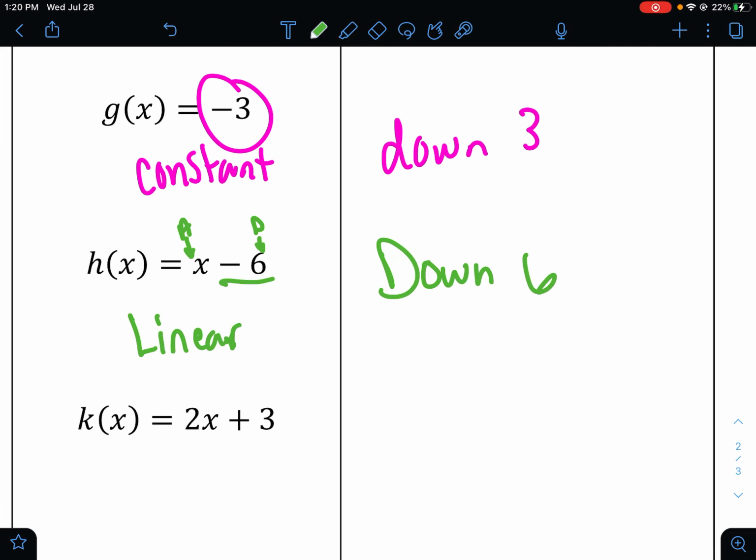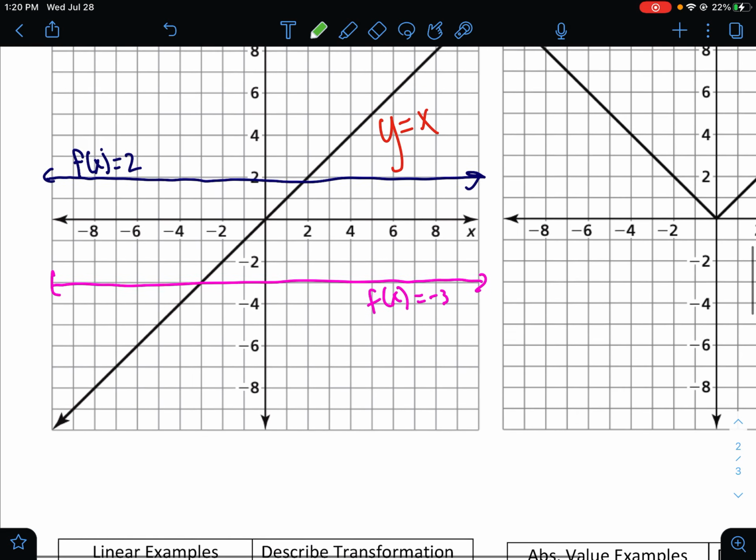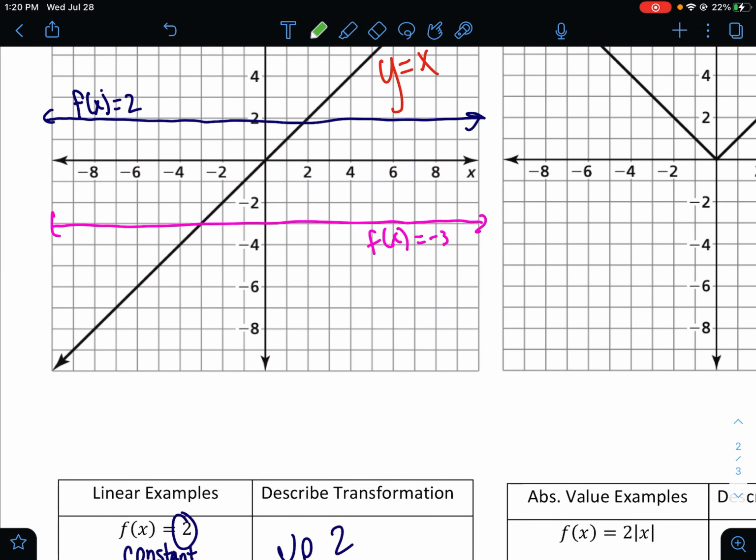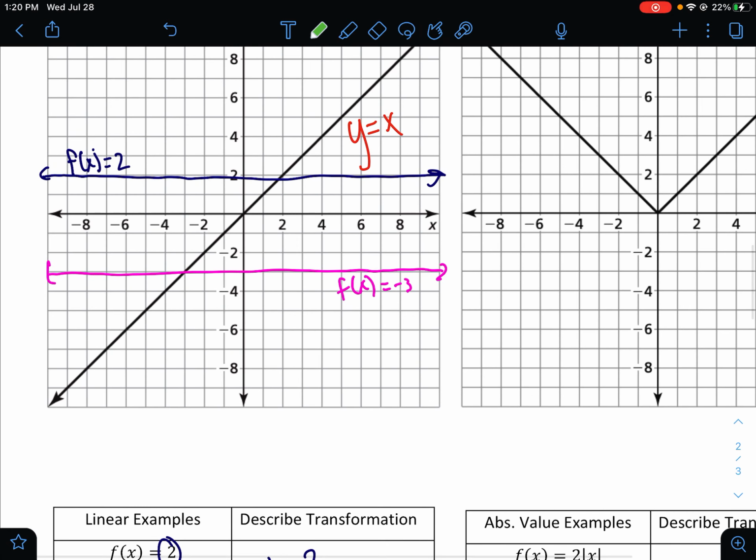Down 6. So what we are essentially doing is taking the line that's right here, and all we're doing is moving it down 6. So now the line will be down here going through -6, and then going up 1 over 1 in both directions.